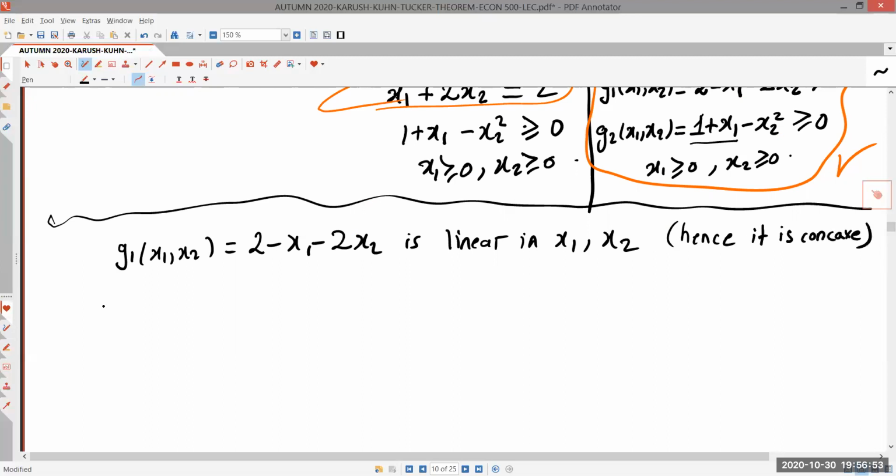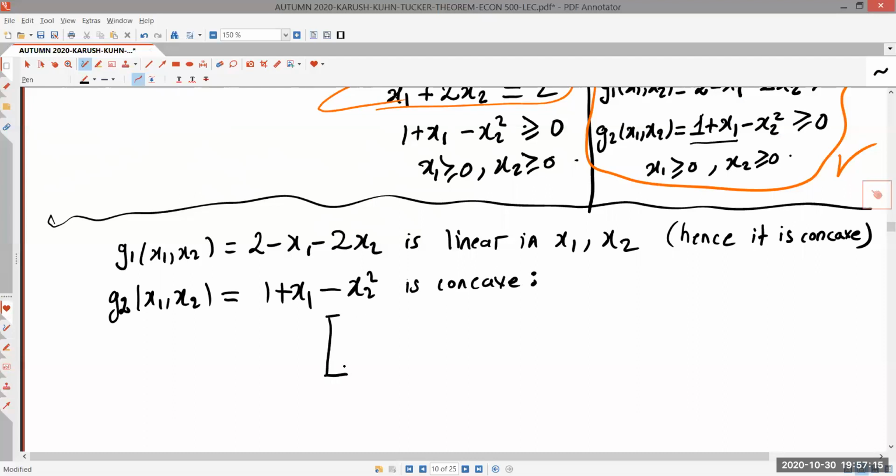Okay, and let us look at the second one. Second one would require some work. Is it concave? Now, how do I know that? If I write the Hessian matrix, 0, 0, 0, minus 2. Okay, now look at the principal minors. What do we observe with the principal minors?